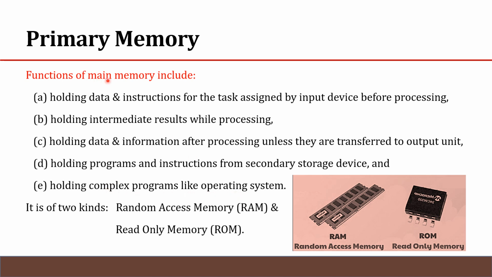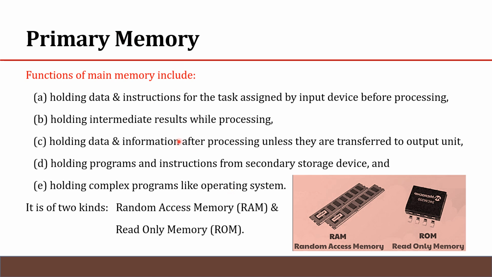So the main function is to hold the data and instructions for the task before processing, while processing, after processing, and to hold the programs and instructions from the secondary storage device, and also for holding programs like the OS.